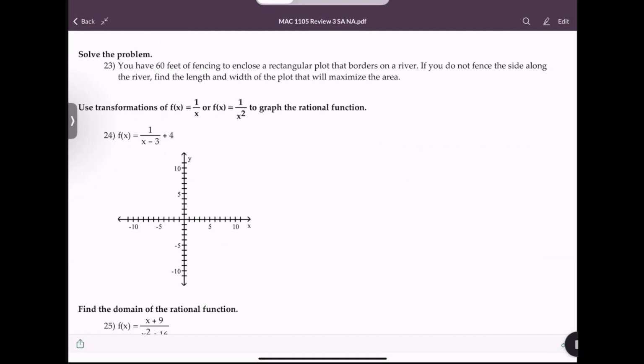All right, so number 1, what kind of plot line do I have? Okay, draw a rectangle. Yes, 23. I want you to label the 3 sides that you're going to fence.